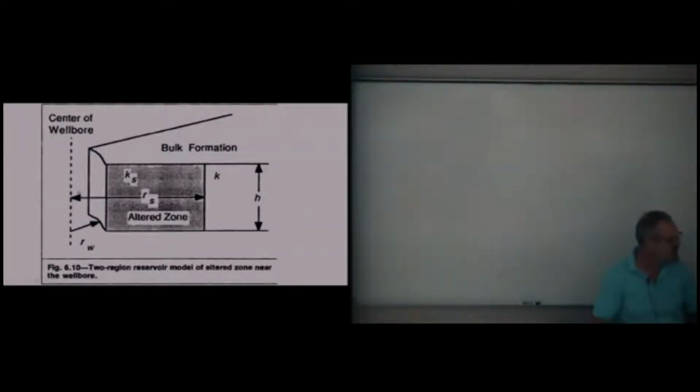Here is the center of the wellbore, and it goes out to this radius, and this radius is usually the inside diameter of the casing.